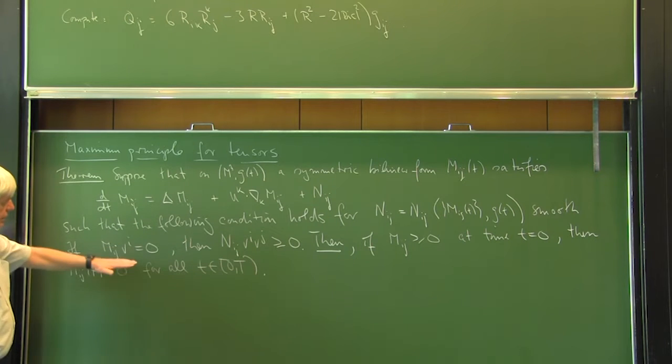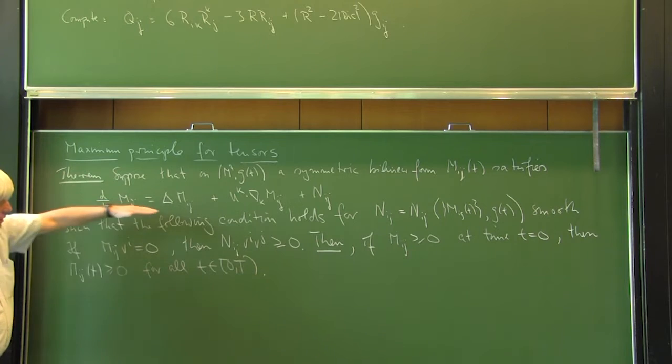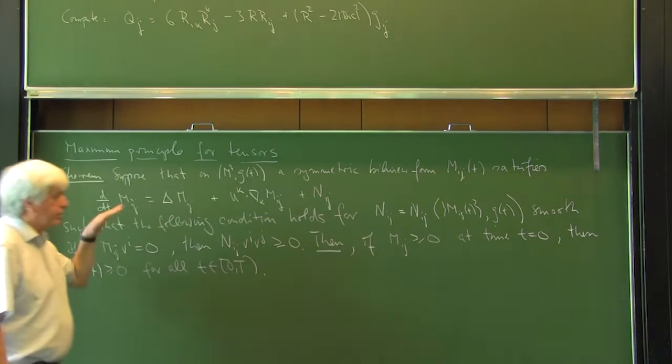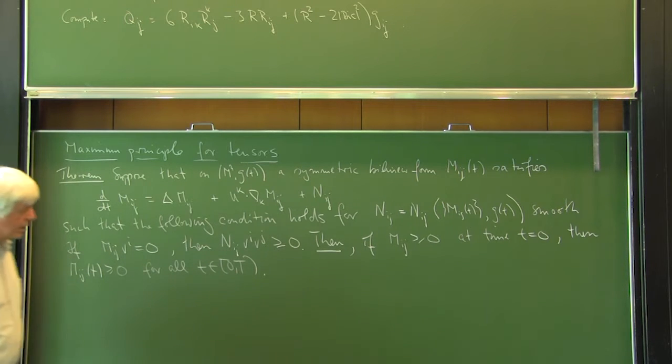Okay, so we start with something that has non-negative eigenvalues, and we show it satisfies this equation. The absolute term never pushes it down. This is the condition on Nij. Then this remains non-negative.